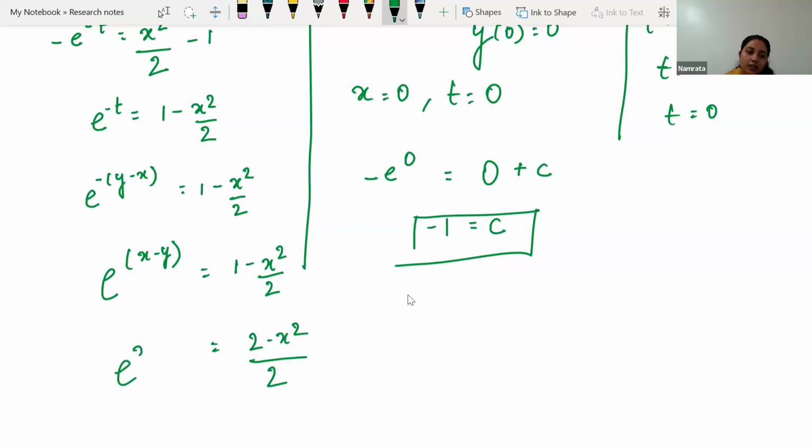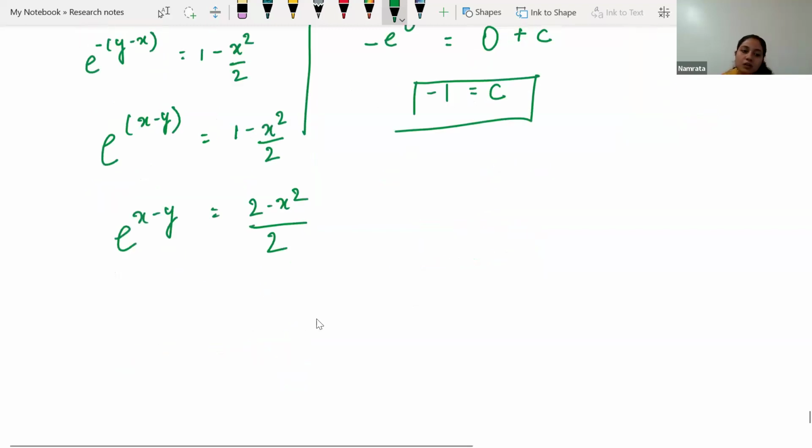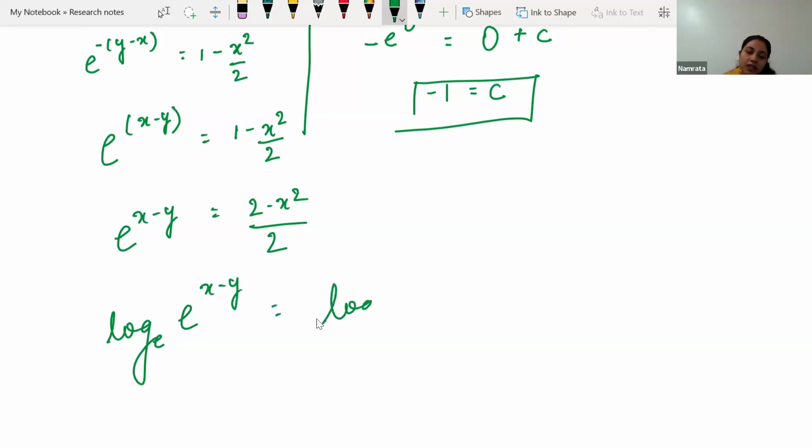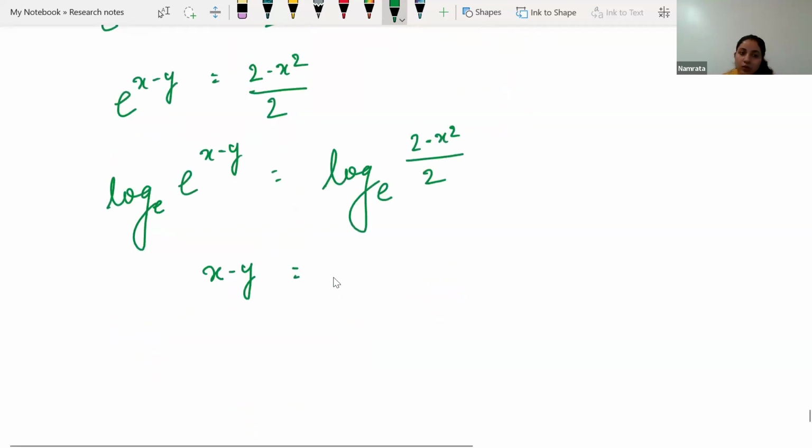Here e to the power x minus y. If we take the natural log, base e, over here, and e already is there, we are left with x minus y. Again here, if we take the natural log of 2 minus x square by 2, only x minus y we are having. y we want to find, so for that only we are doing this.